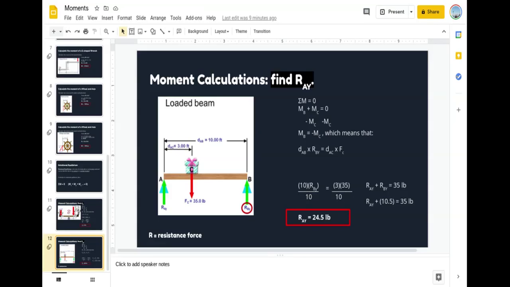To get it by itself, we need to divide by 10, and we get that our RBY is 10.5, and then we can use the equation that RAY plus RBY equals 35 pounds, meaning that 35 minus 10.5 will equal our total, or subtracted amount, that is 24.5 pounds, which is what RAY is.